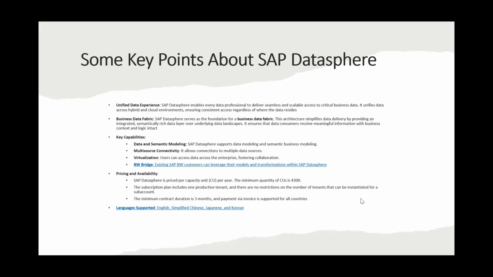Now, here you can see a few important words that have been used for business data fabric: integrated and semantically rich data layer. What does it mean? Integrated means your different sources are integrated through Datasphere. So let's suppose your finance data resides in SAP S4 HANA, or your retail data, or maybe your procurement data is stored in any other system.